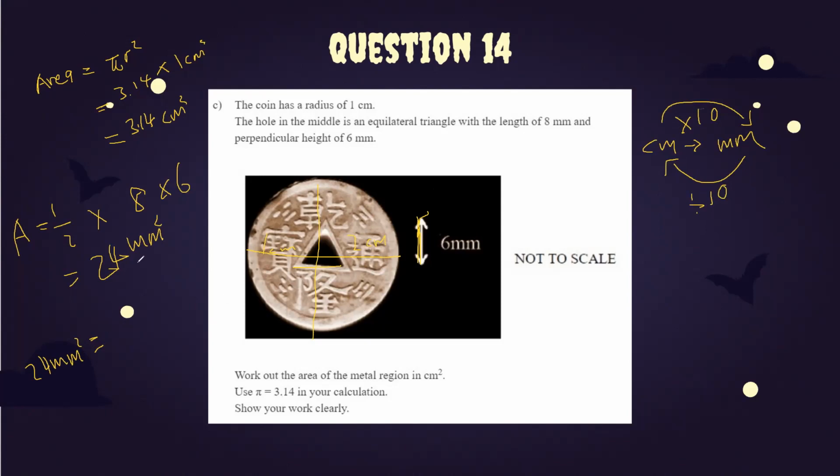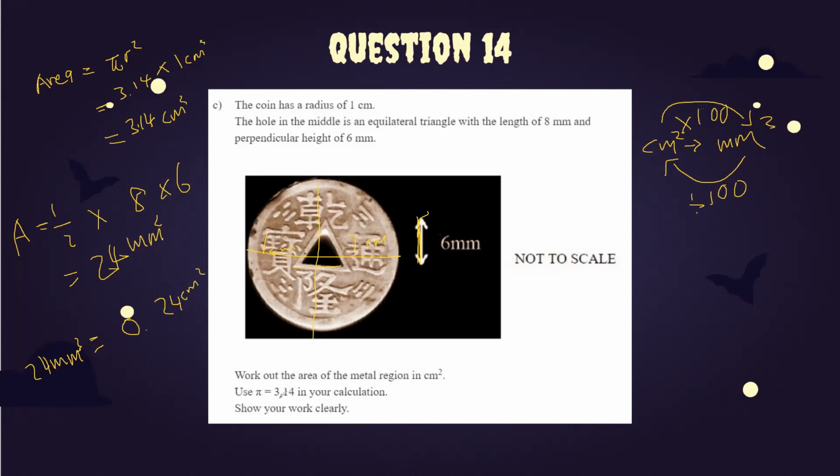Because it is a square here, you need to divide by 100. So you divide by 100 and it equals 0.24 cm square.